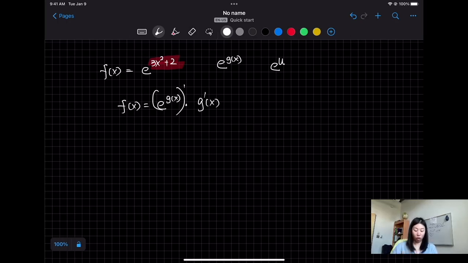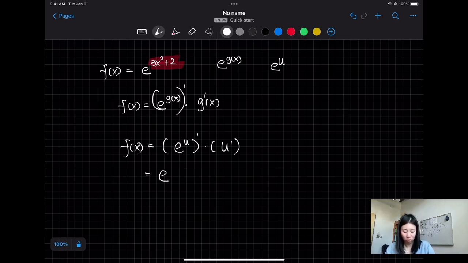If you don't use function notation and use the letter u, you're taking the derivative of e to the u, and then times the derivative of u. If it's e to the u, how do you get the derivative? Differentiate at u.